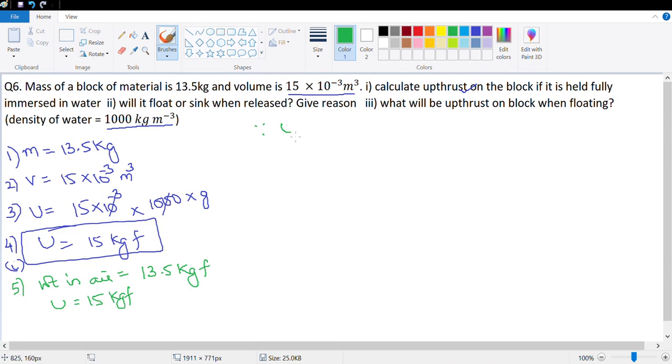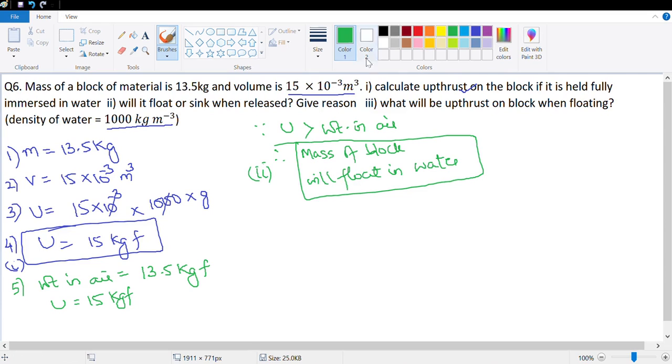So since upthrust is more than weight in air, therefore the block will float in water. So part 2 of the question is also done. The block will float in water since the upthrust is more than the weight.